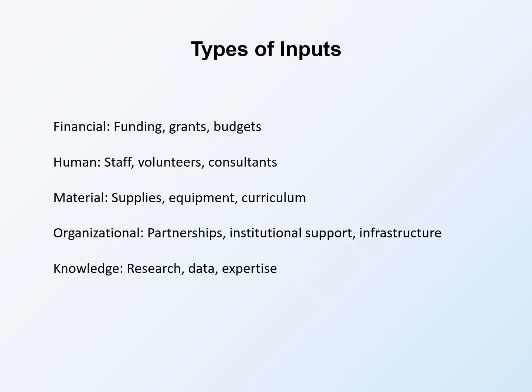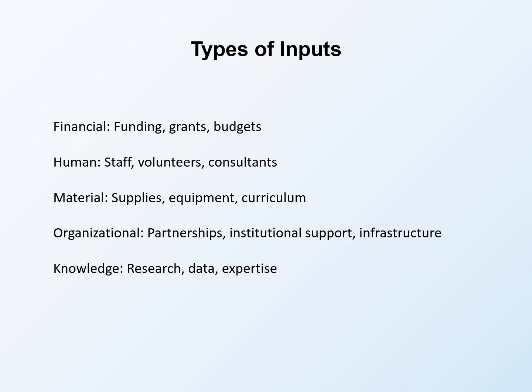Inputs come in several categories. Financial inputs include funding from grants, contracts, or organizational budgets. How much money do you have and where does it come from? Human inputs include staff time, volunteers, and consultants. How many people with what skills for how many hours? Material inputs include supplies, equipment, and curriculum or educational materials. What physical stuff do you need?